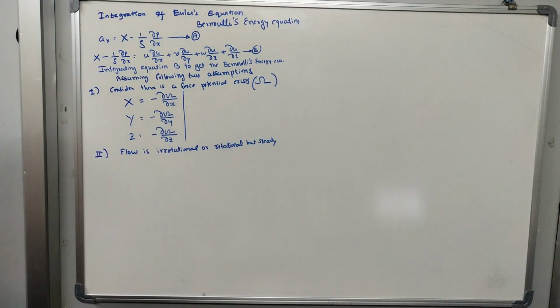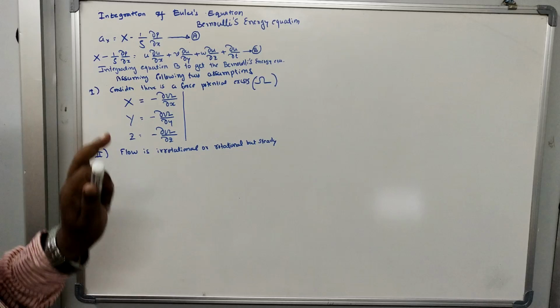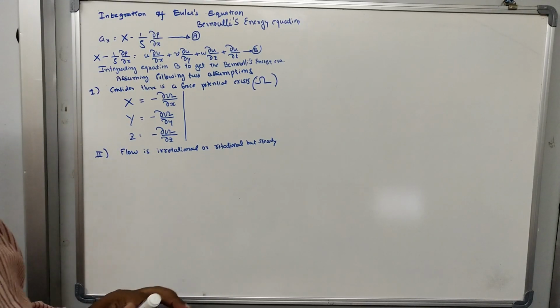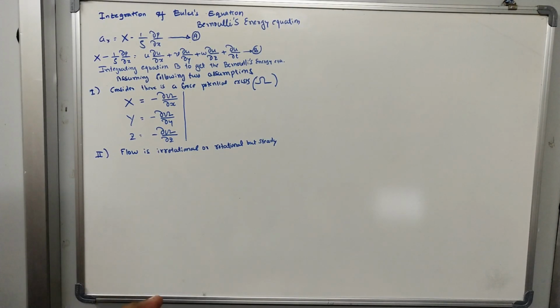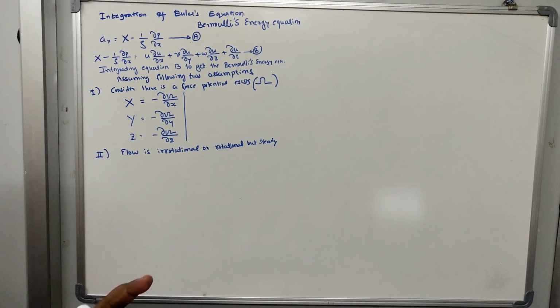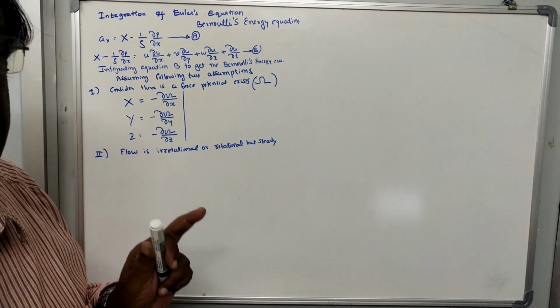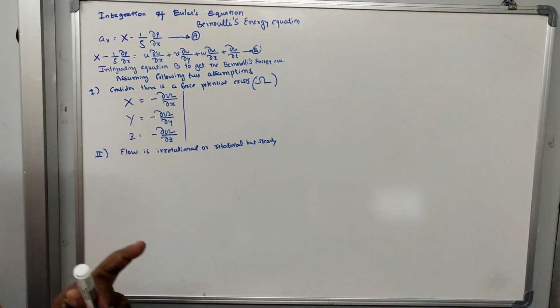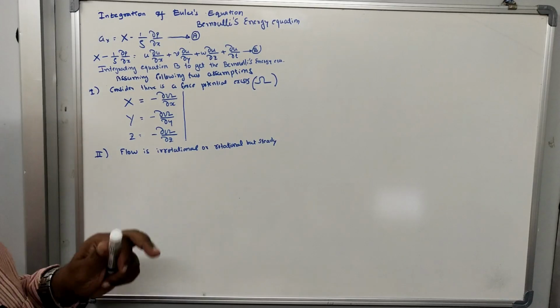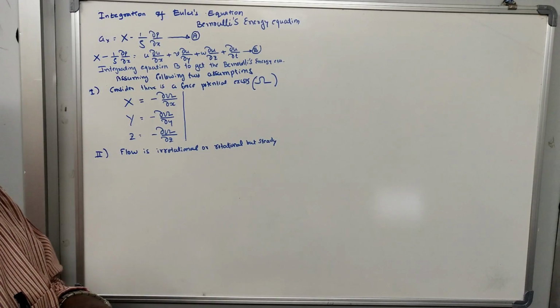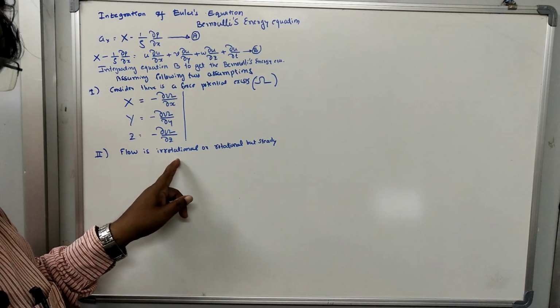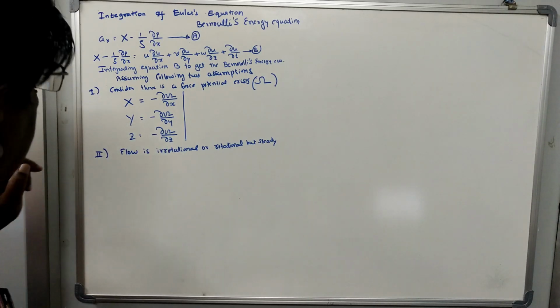Irrotational flow means the angular velocity components are zero, that is omega x, omega y, omega z are zero. Once omega x, omega y, omega z are zero, the flow is said to be irrotational, as we have discussed in the previous classes.